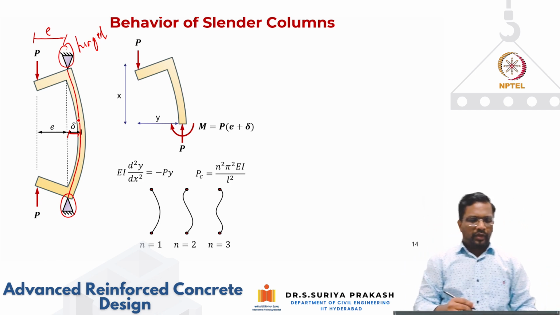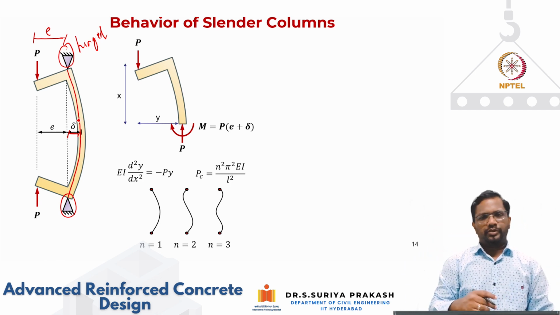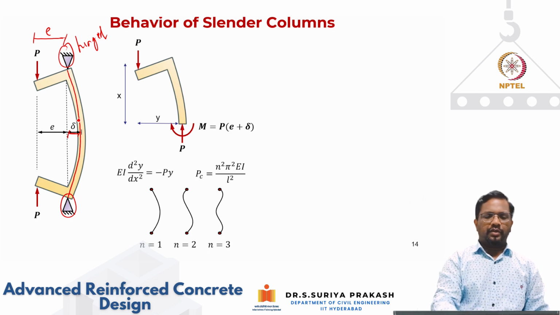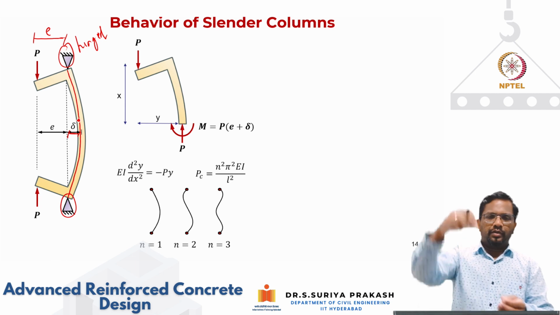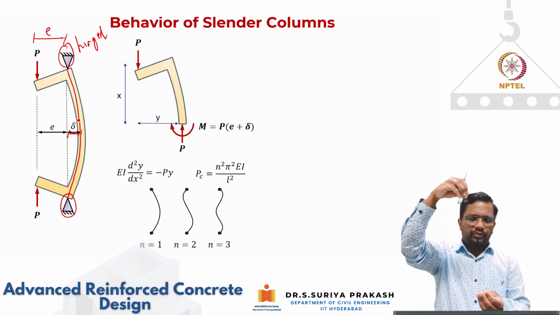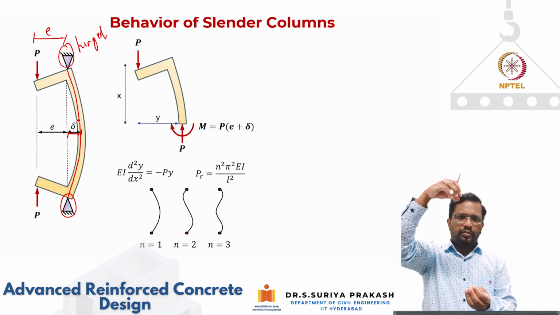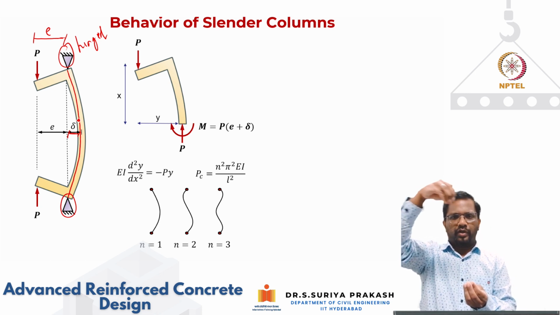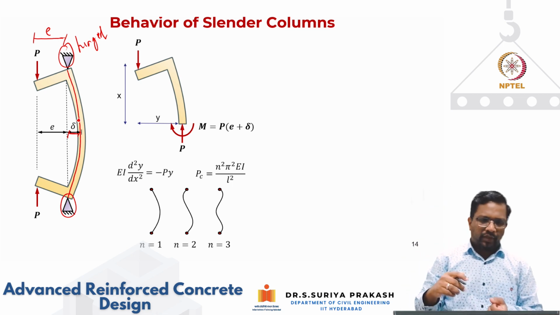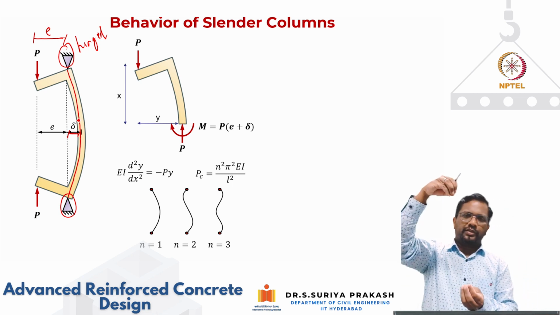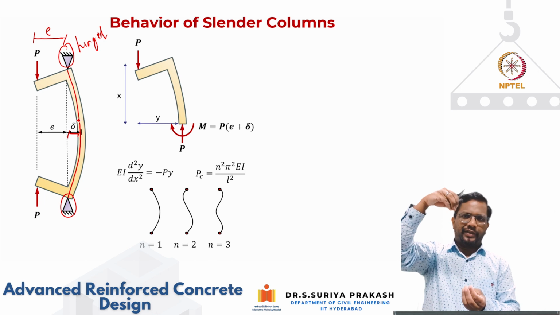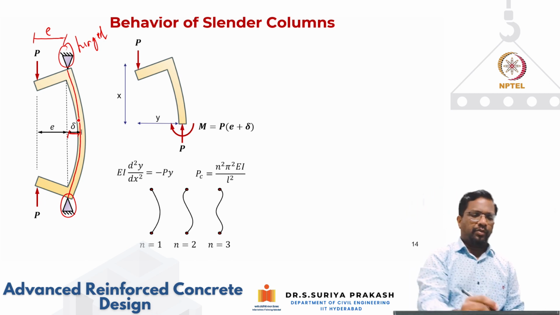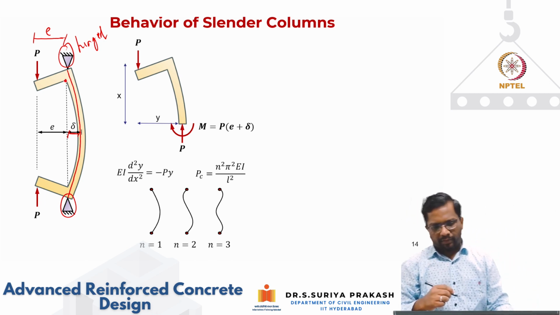This is the way the column is going to bend, and this is the column that is hinged, meaning the top and bottom of the column are free to rotate, but they are not going to move with respect to each other. Such a boundary condition we call a laterally restrained column. I am allowing only rotations at the top and bottom ends.